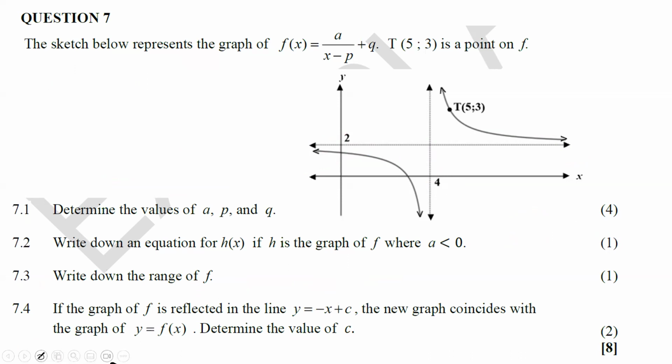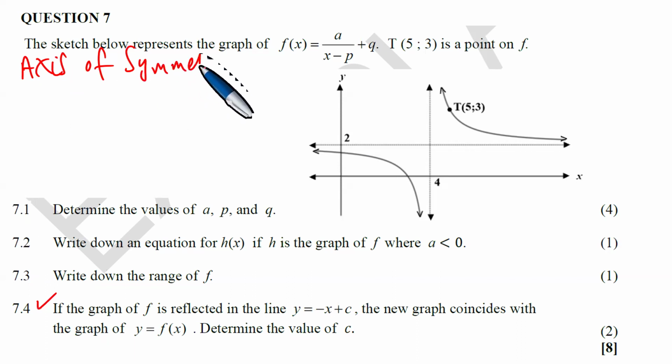At this point, there are a couple of things that remain very important. In 7.4, we're dealing with a concept called the axis of symmetry.